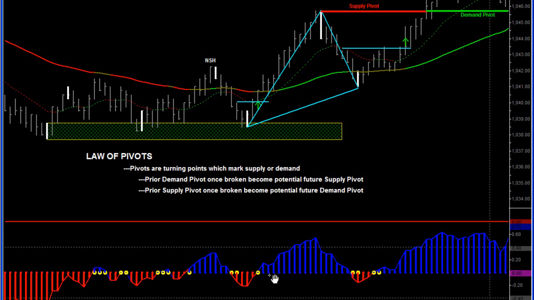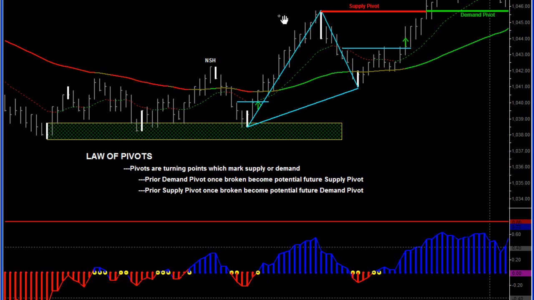Above 0, a blue histogram tells us that the bulls at that point in time are in control, and a red histogram below 0 tells us that the bears are in control. So we use that in conjunction with price to give us an overall picture of the development of price action.